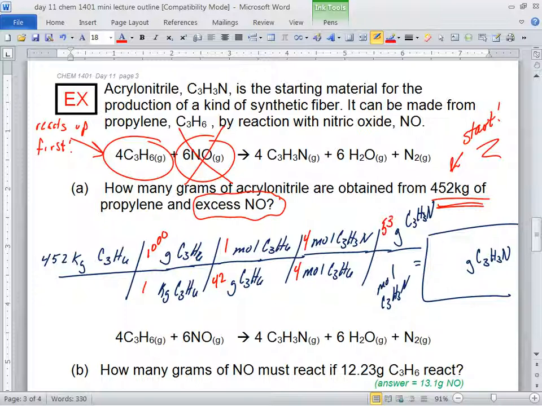So, oh, but you're doing NO. They want to get it into acrylonitrile. They want C3H3N. Yeah, so right here is where we messed up. You're right. If it would have been grams of NO, this would have been right. So right here, we have to convert that to C3H3N, and it's 4 to 4. That's what you need.